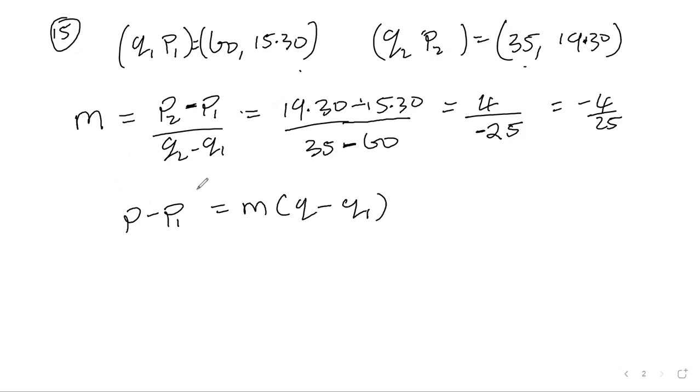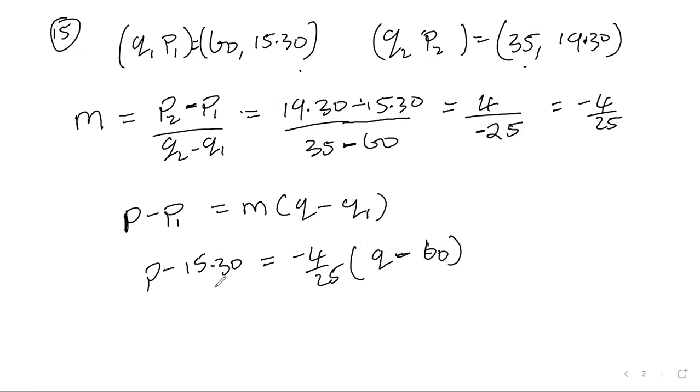Same story, just that Q and P are now replacing X and Y, because we are talking about quantity demanded versus price. So P minus 15.30 is equal to negative 4 over 25 times (Q minus 60).